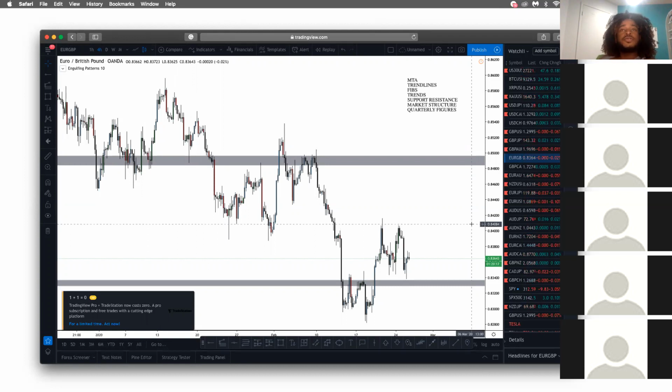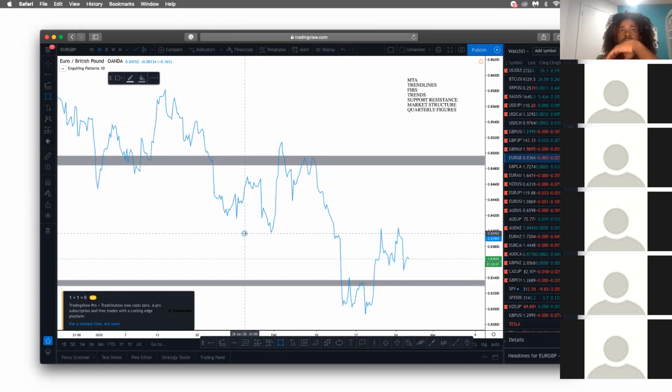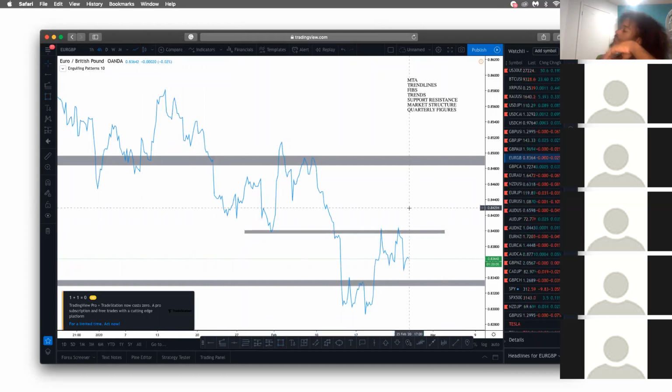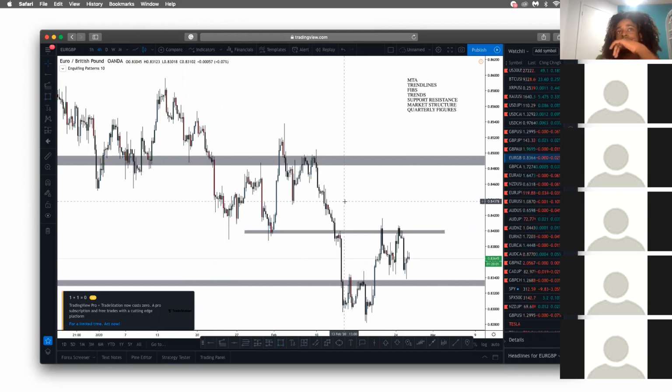So EURGBP, this is your daily support and resistance level, right? Your 4 hour level would be right here. We could already see we had 1, 2, 3 reactions, right?